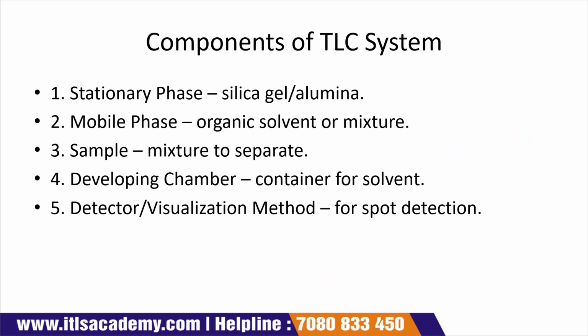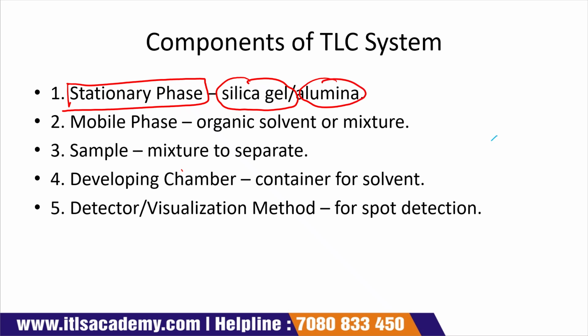Components of the TLC system. So the first component is your stationary phase. This stationary phase is made up of silica gel or alumina. Suppose that this is your plate. Now this plate is coated with silica gel.